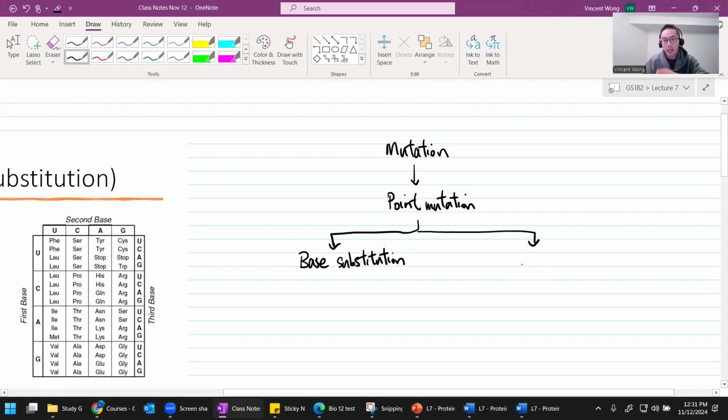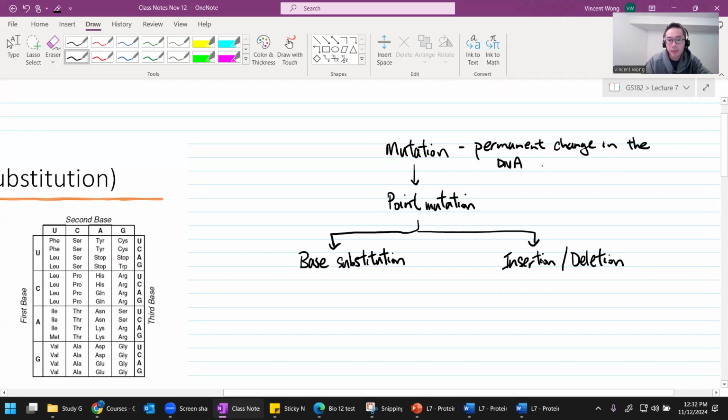And then the other kind is called insertion or deletion. Okay, so keep this handy, and we're going to add to it. Okay, permanent change in the DNA of a cell.